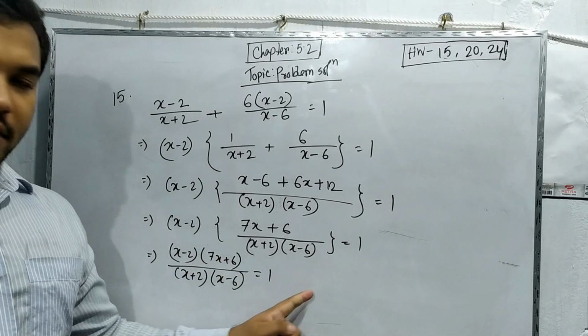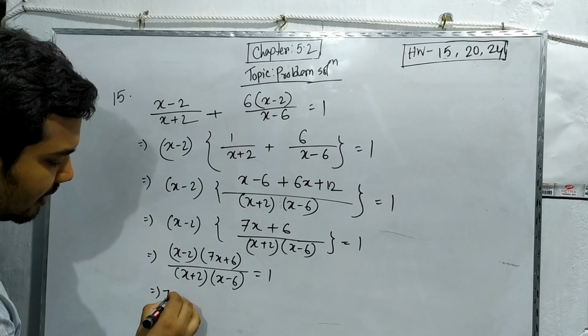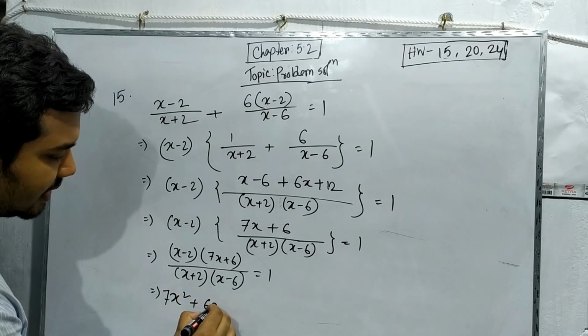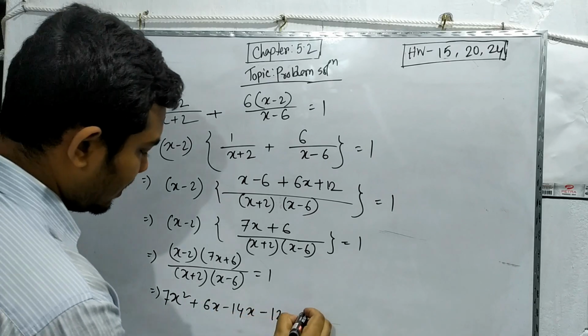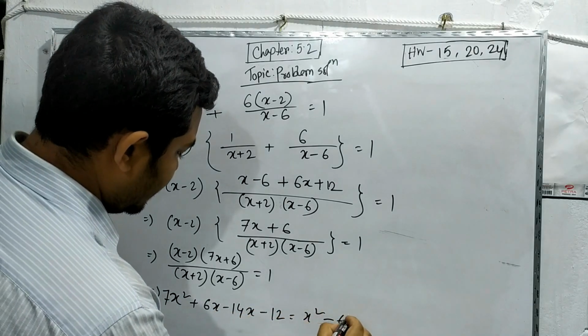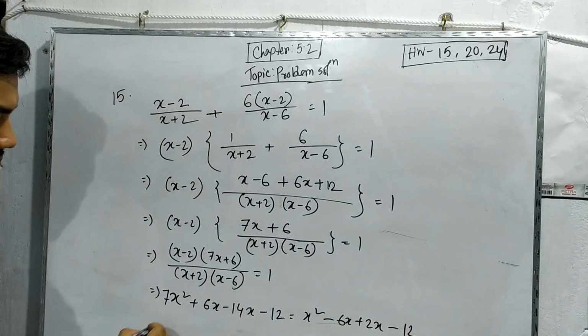Multiplication and cross multiplication will be in the same line. Then it will be 7x square plus 6x minus 14x minus 12 equal x square minus 6x plus 2x minus 12.